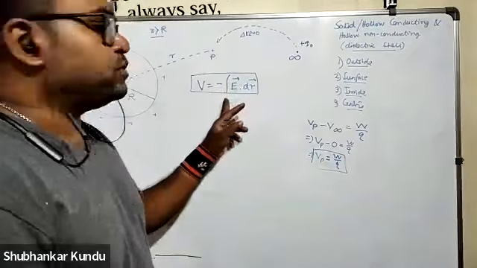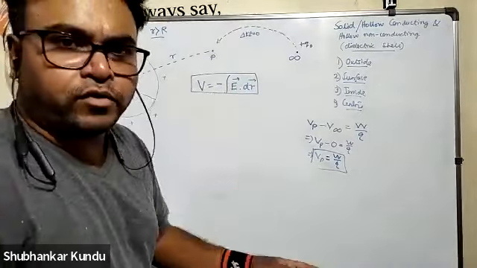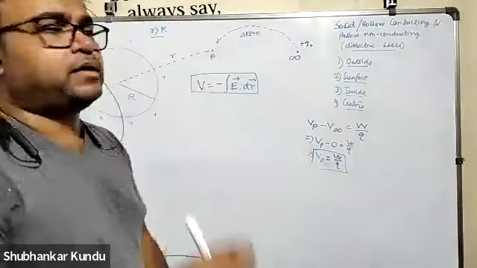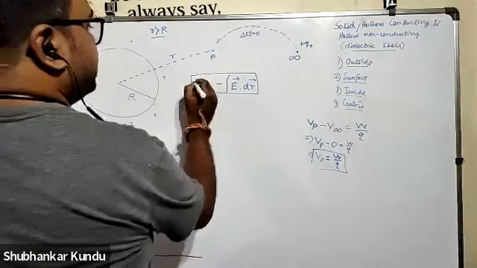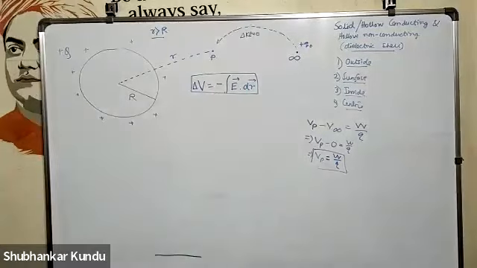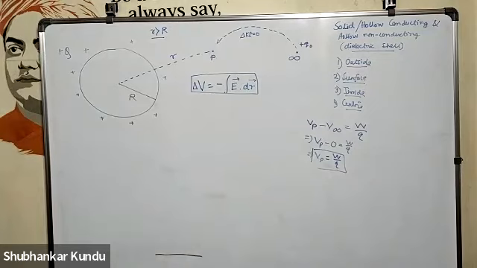Another thing is that we can use this formula anywhere, be the field uniform or non-uniform, doesn't matter. Not V actually, ΔV = -∫E·dr.